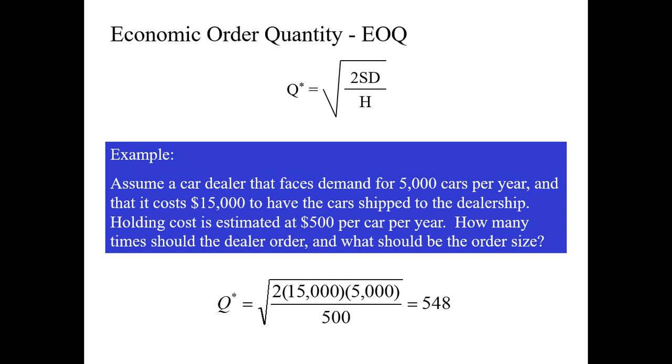And what is the total number of orders? The total number of cars per year is 5,000. So how many orders are we supposed to make? It is nothing but 5,000 divided by 548. That many orders we are going to make. And this Q star will give you the minimum inventory cost. So we have to order 548 cars per order.